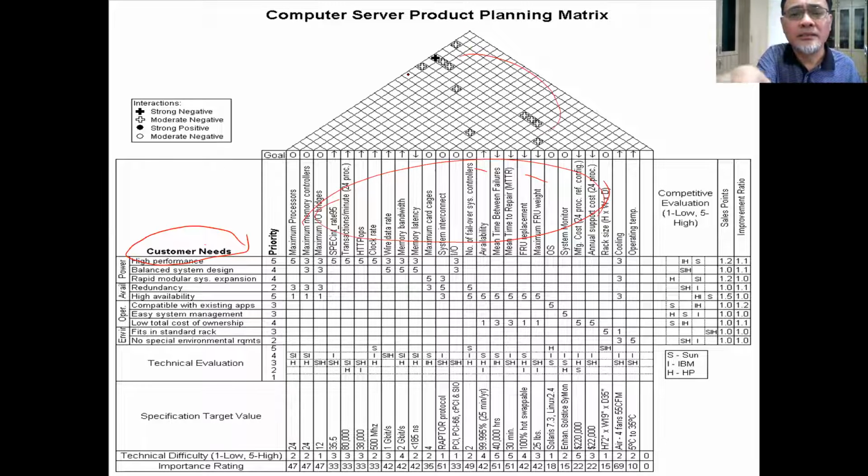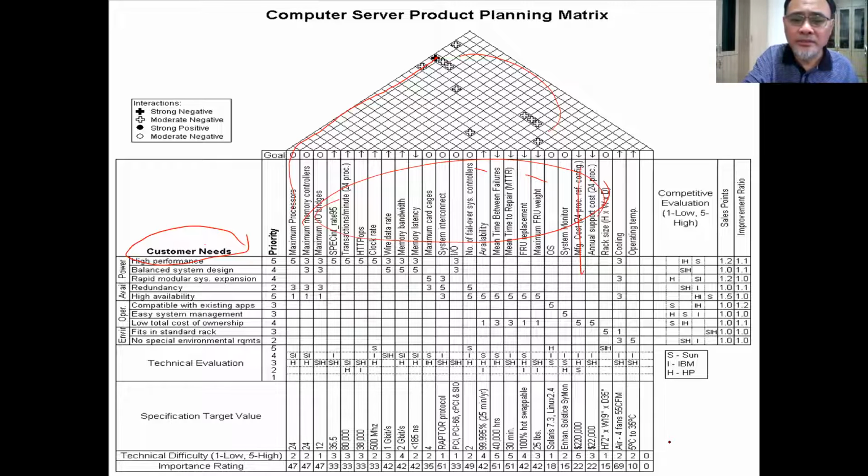And these are the relationships between, for example, maximum processor and management cost, processing, whatever. These are the scores that are given: strong positive, negative, strong. This is the requirements, the rankings for them.